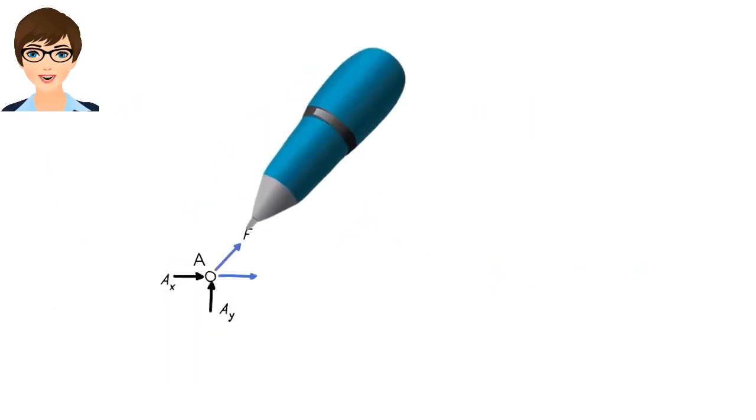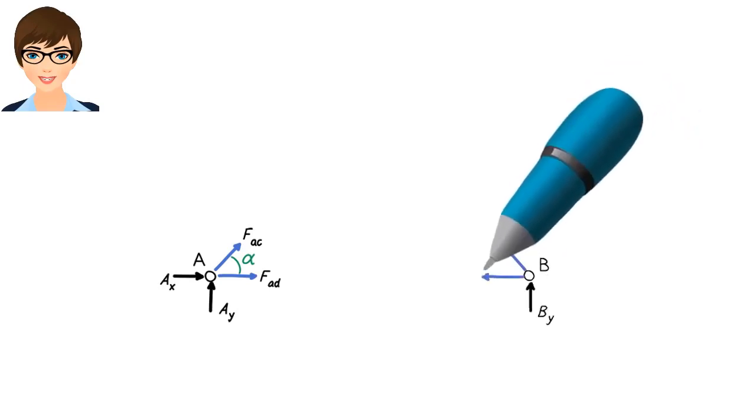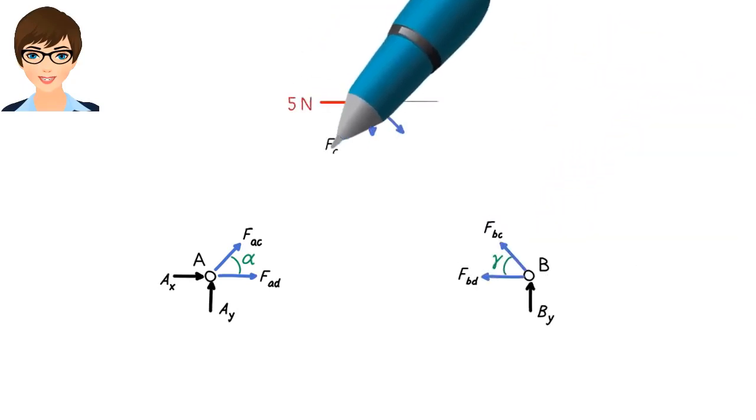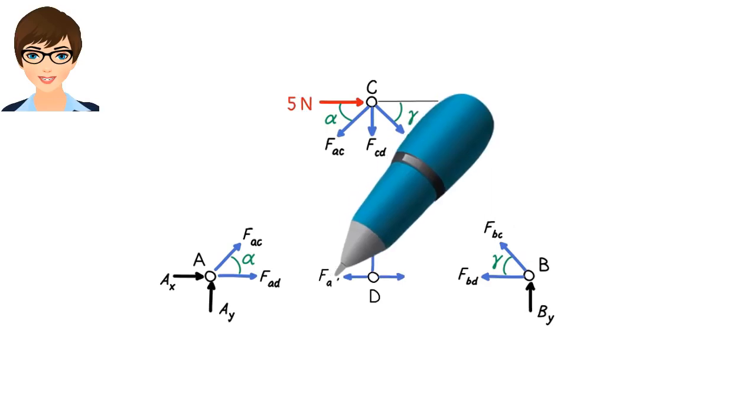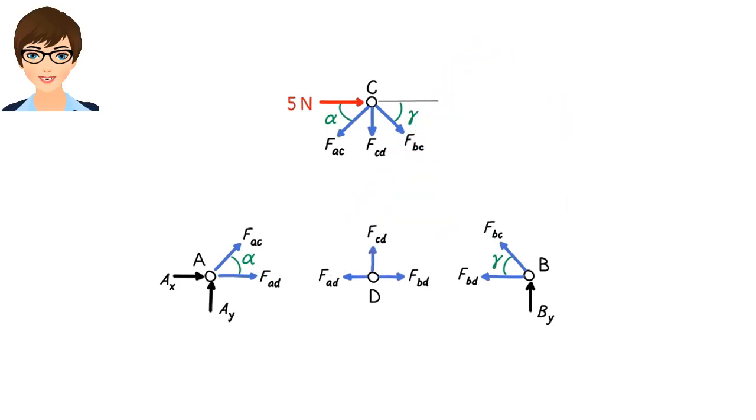Now let's turn our attention to the joints. Each joint has to be in equilibrium. This means, given the free body diagram of the joint, sum of the forces in x direction must be 0. Sum of the forces in y direction must be 0.